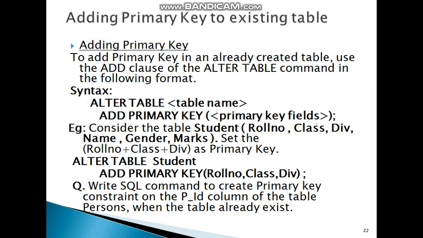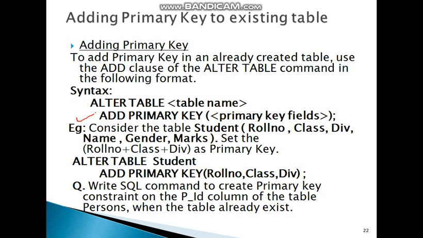Now let's see how we can add a primary key constraint to an existing table. Suppose you already created the table and afterwards you found out that you haven't set the primary key. So how can we set the primary key of an already existing table?